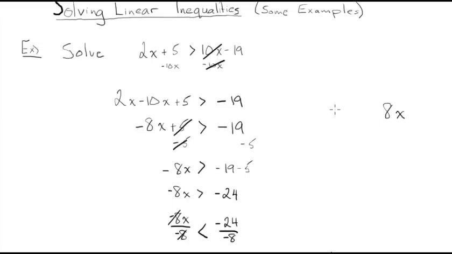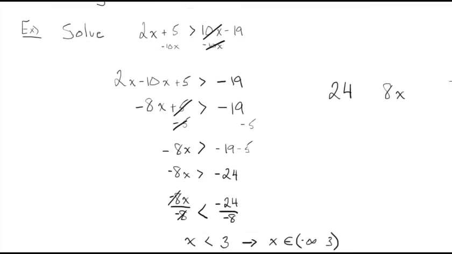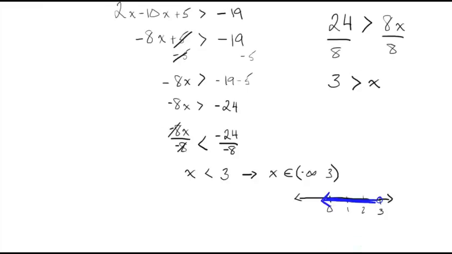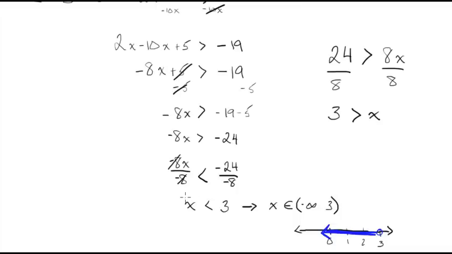You would have ended up with 8x on one side and 24 on the other side, and you would have had a greater than symbol. Then you would have divided both sides by 8, and you would have had 3 is bigger than x, which is the same thing we have over here when we said x is less than 3.